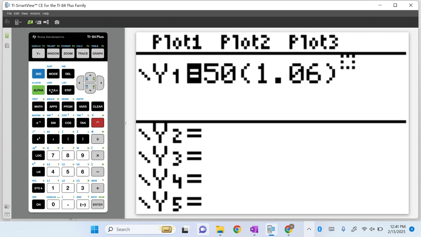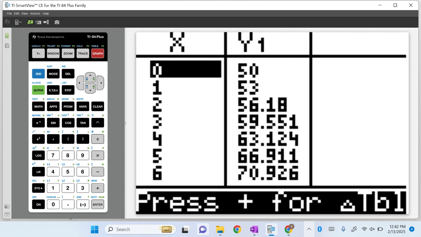It's to the right of the green alpha key, to the x power. Then to make the table, you would hit the blue second key and then the graph key, which is the top rightmost key. And it'll create a table like this.